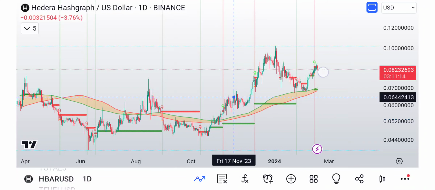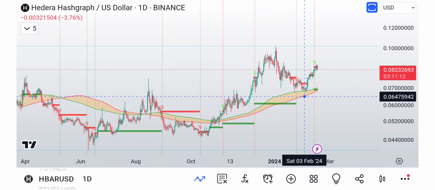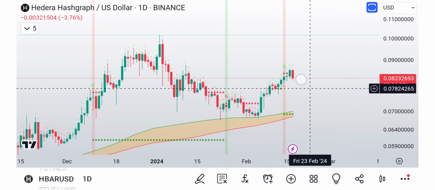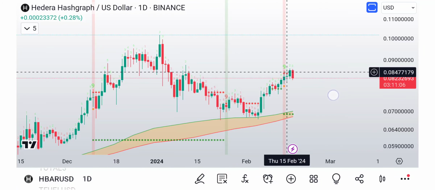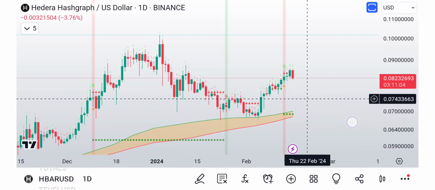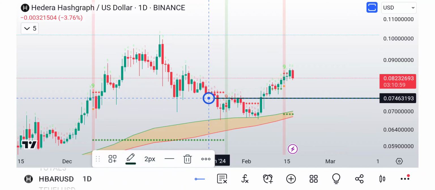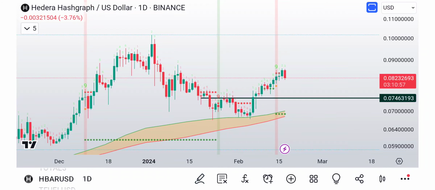So H bar obviously broke, back tested, same as Theta, right? But what I was trying to say here is that H bar is on a 9, so we could get a pullback to this area here, but I'll explain more about that.